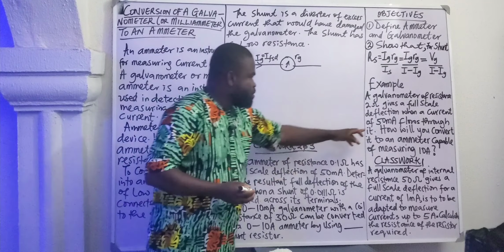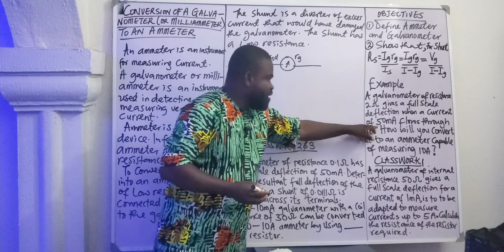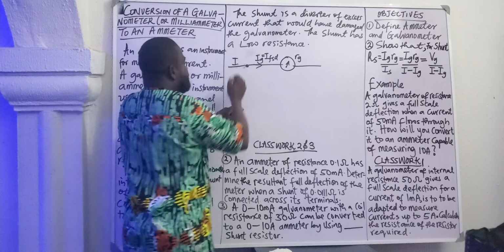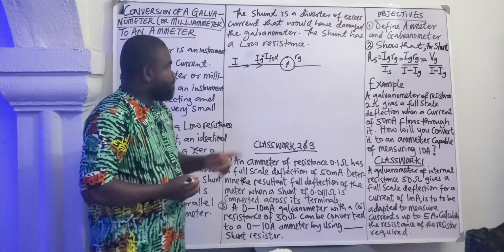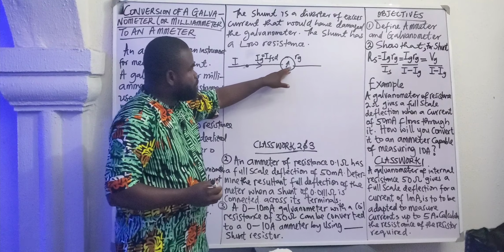So when we are given the full scale value as 50 milliamp, that is also the current of the galvanometer. Then we have the maximum current we want to pass through this galvanometer. Let's call that current I. Now, for us to be able to use the milliammeter or galvanometer to measure I, we will have to put a resistor in parallel.